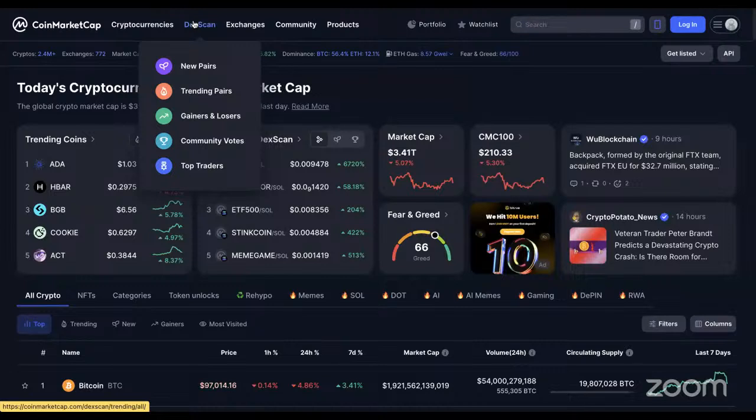So if you want to know the new pairs dropping in the last 5 minutes, you come to DEX, new pairs, trending pairs. You will see them there before they arrive on centralized exchanges, in their first 5 minutes, their first 3 minutes.